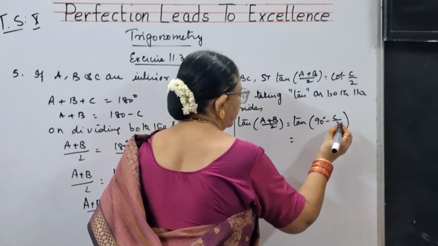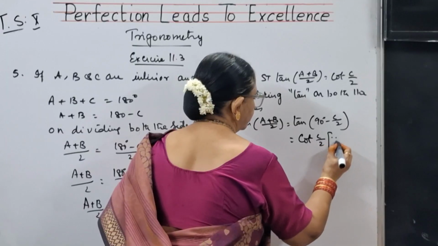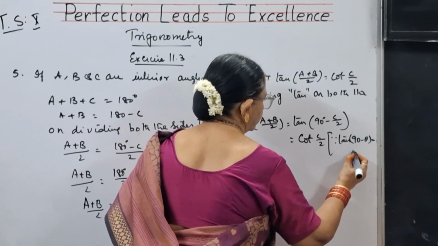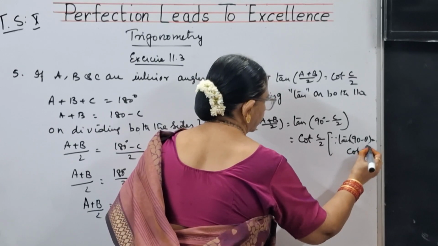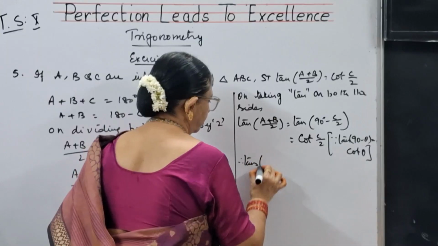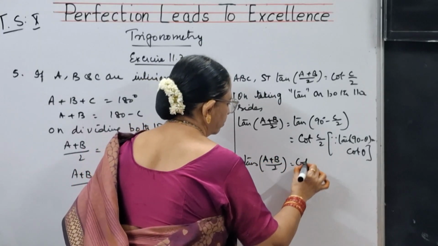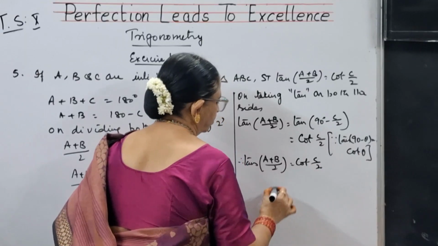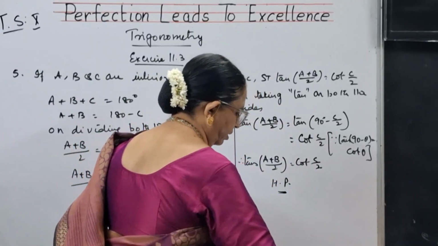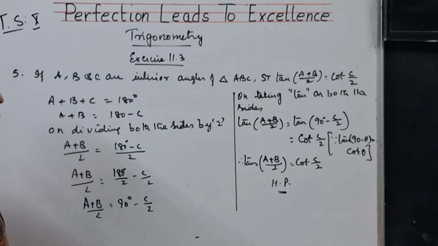So 90 degrees minus C by 2 gives cot C by 2. The reason is tan 90 minus theta is equal to cot theta. So tan of (A plus B) by 2 is equal to cot C by 2. Hence proved. Very, very important, children. Either this or the other one which I have taught as an example. Both are very important.